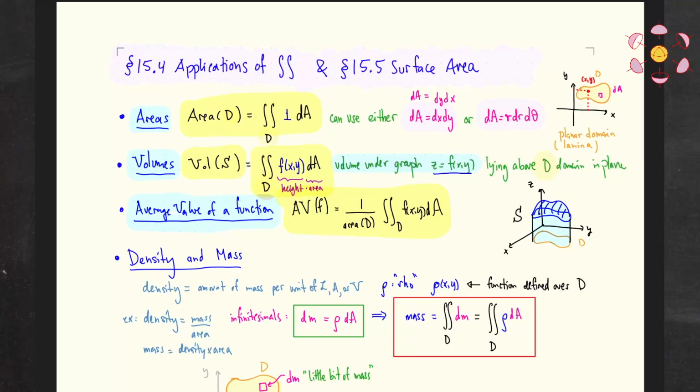If you think about taking the average of test scores, you add up all the scores. Adding up all the scores would correspond to summing up f along your region, and then you divide by the total. Another way I like to think about why this makes sense from a unit perspective: if you've got a little tiny chunk of area, that doesn't really make sense for the value of the function.